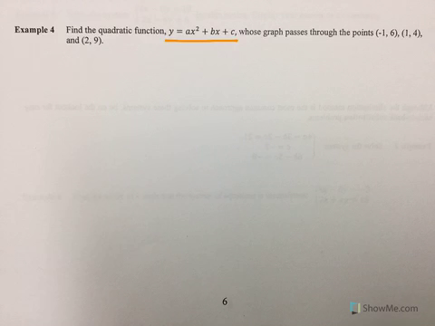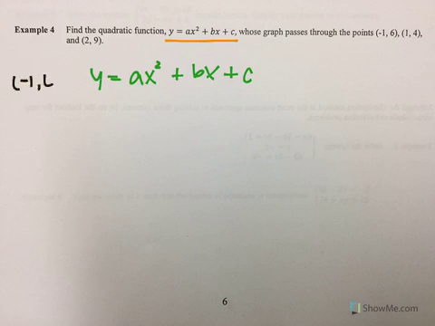So what we're going to do is set up 3 equations. First equation starts like this. But we're going to be plugging in the point -1, 6. So remember, this is x is -1 and y is 6.